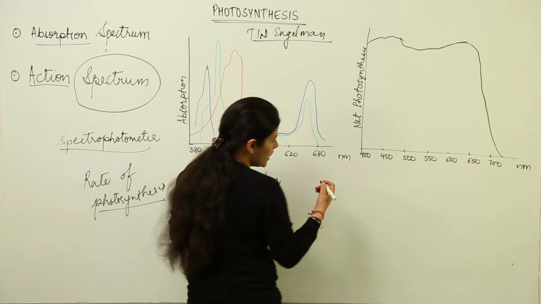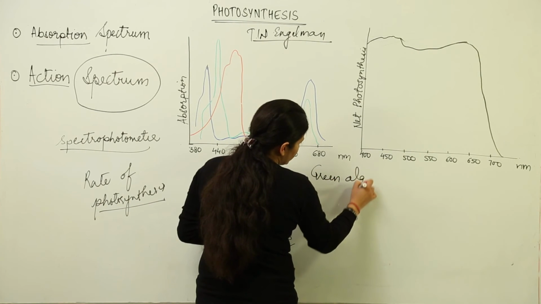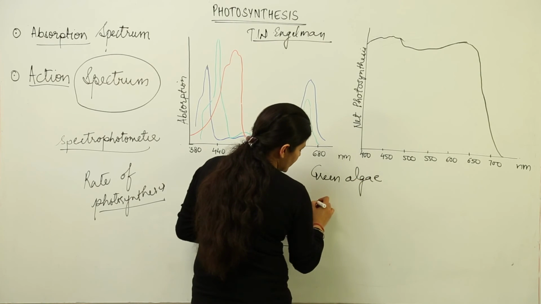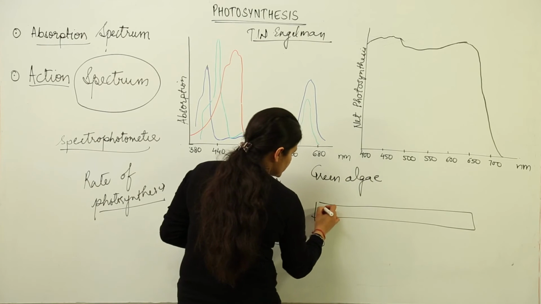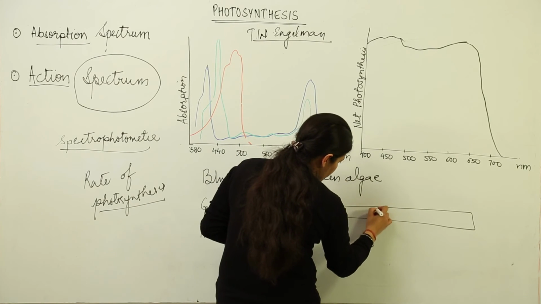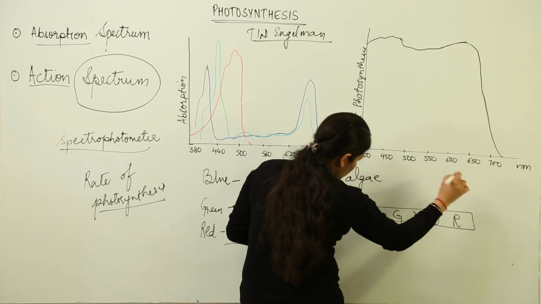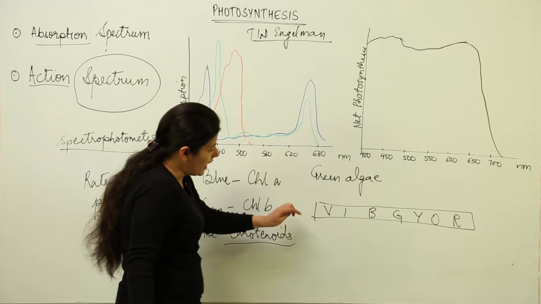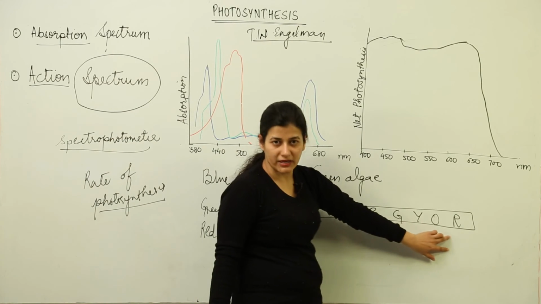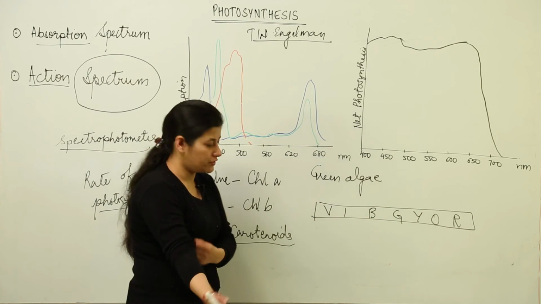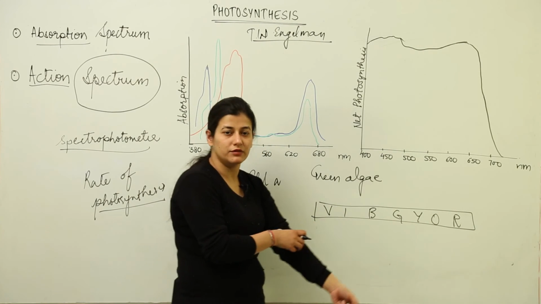What he did was use a green alga, and in the same way as we have VIBGYOR, he illuminated the green alga using a spectrum. Some part of it had violet wavelength, indigo, blue, same as in the white light spectrum.